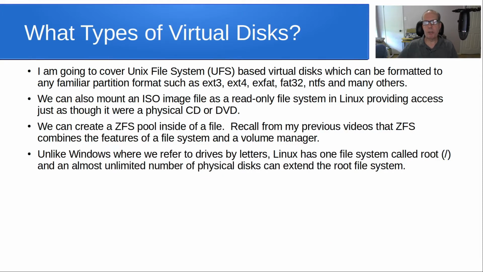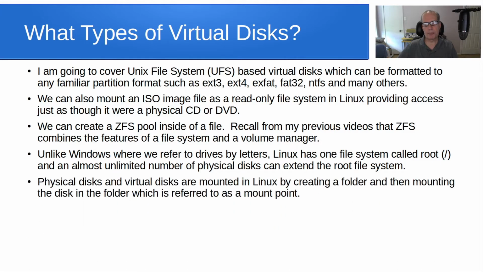Unlike Windows, where we refer to drives by letters, Linux has only one file system called root and is denoted by the /, and it also has an almost unlimited number of physical disks that could be used to extend that root file system.